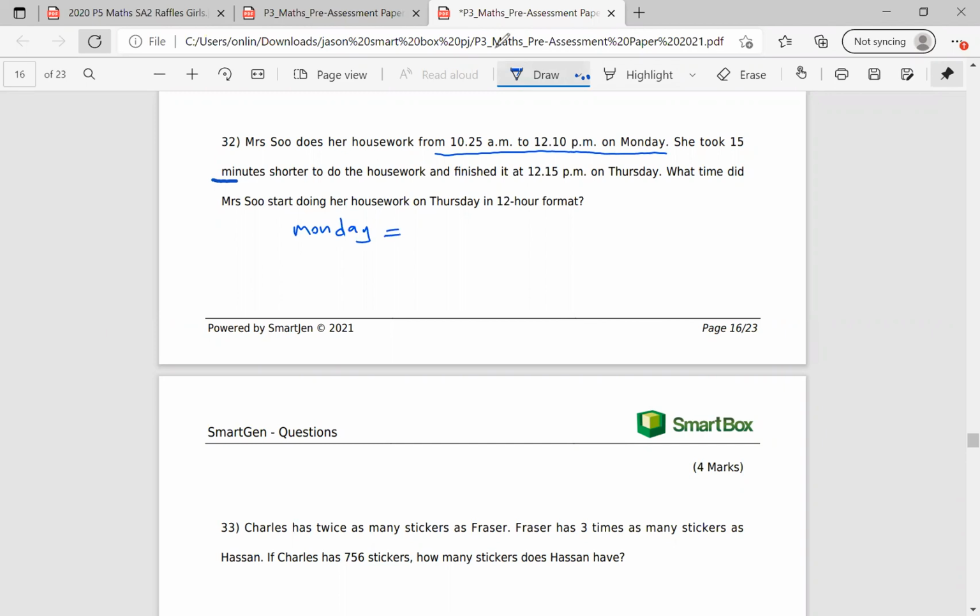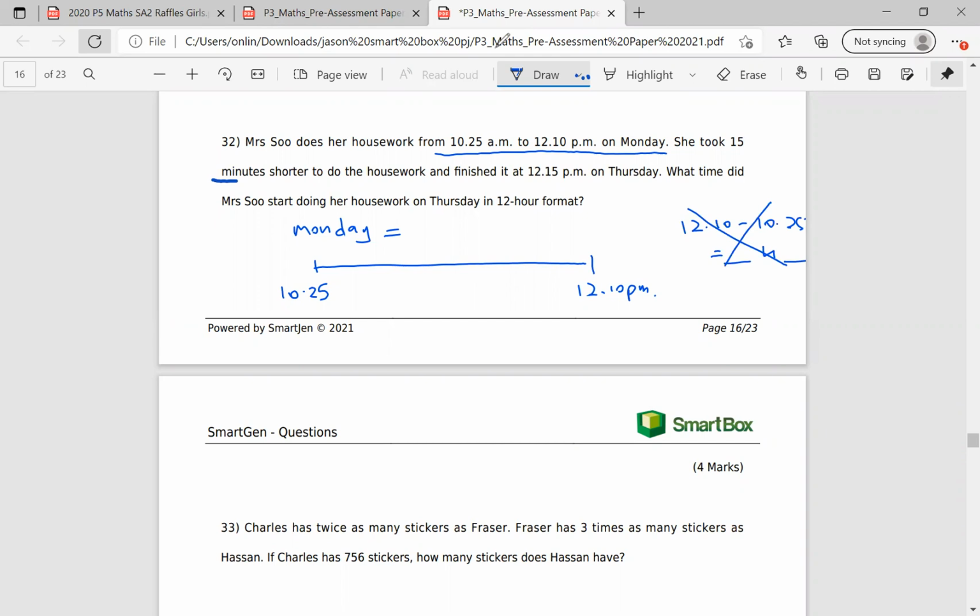So we're going to draw a timeline for Monday. What we have is from 10:25 to 12:10 p.m. I know some students would like to write it as 12:10 minus 10:25 and then straight away have a certain hour and then a certain minute. That one is actually not correct. It's not accepted when we mark problem sums.